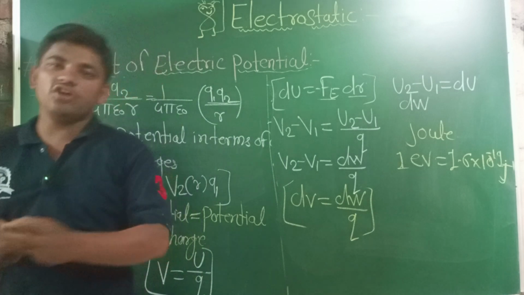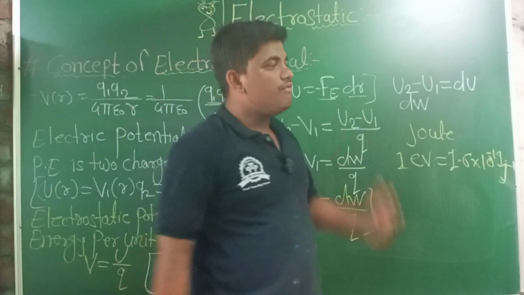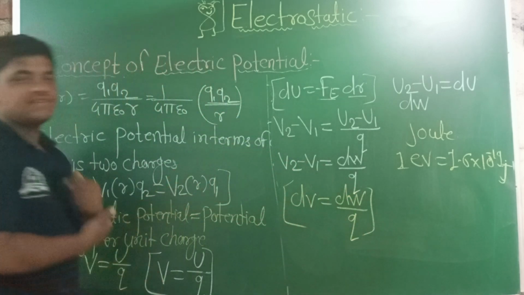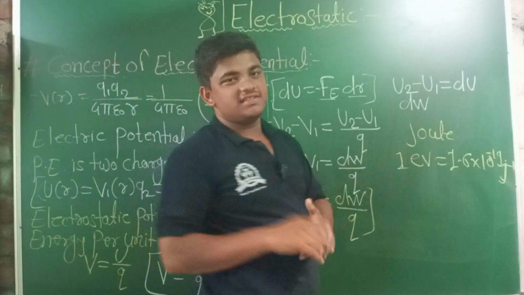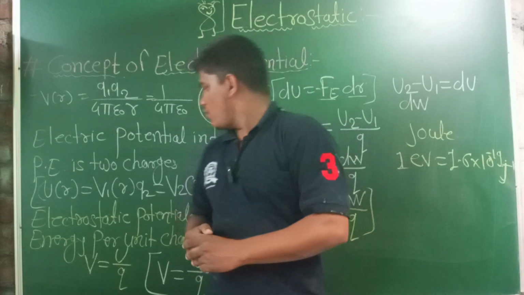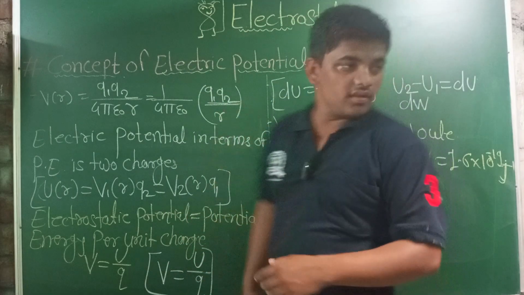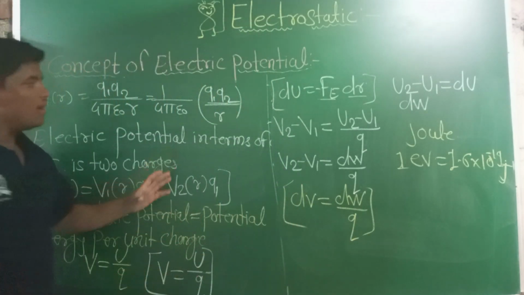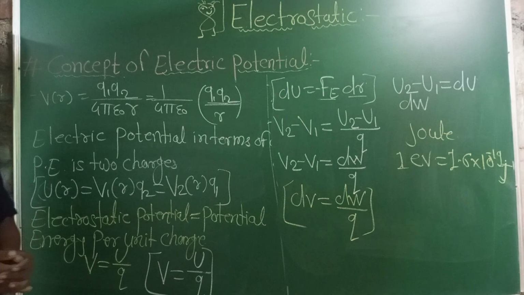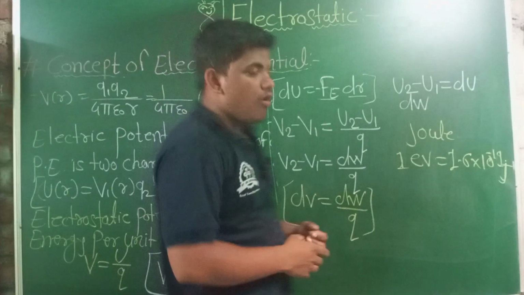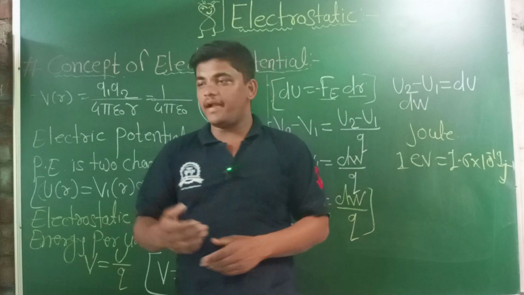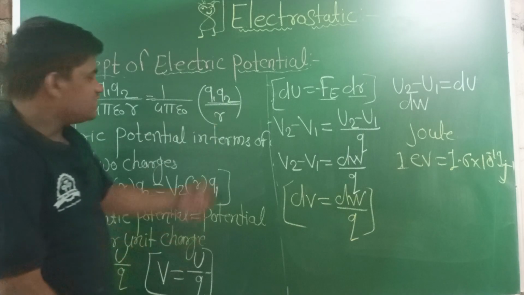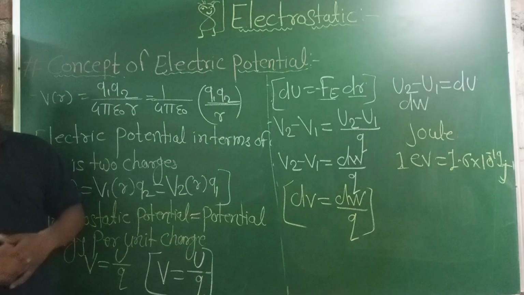Then the potential energy of two particles with charges q1 and q2, separated by distance r, is U of r equal to 1 upon 4 pi epsilon 0 times q1 q2 divided by r. Again, the electric potential V of r depends on the charges and the separation distance between these two charges.